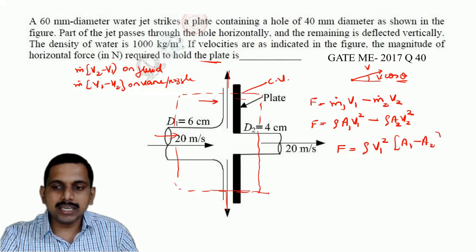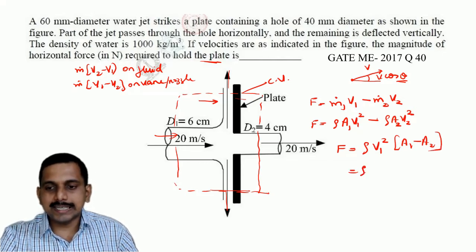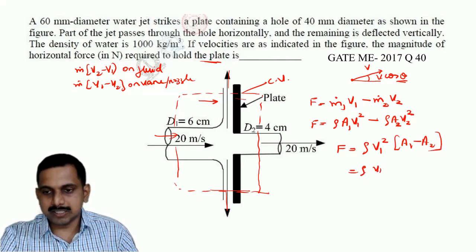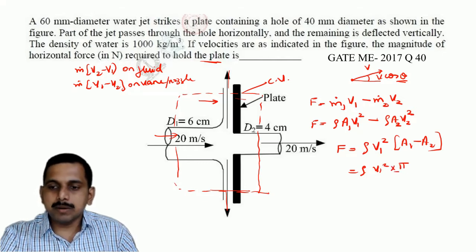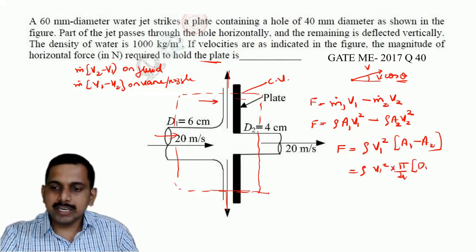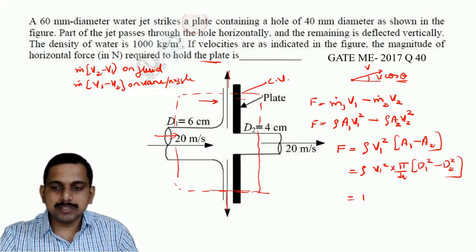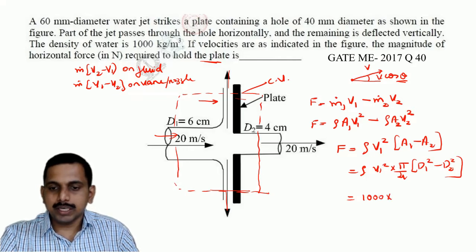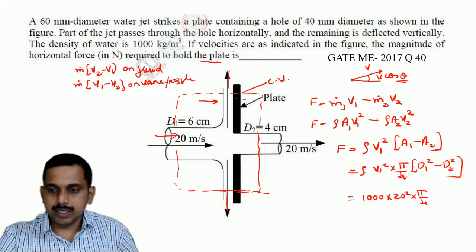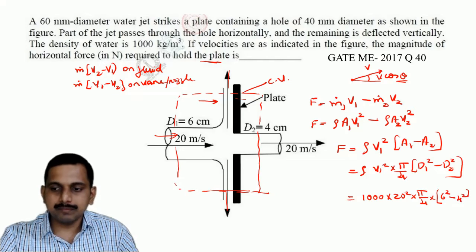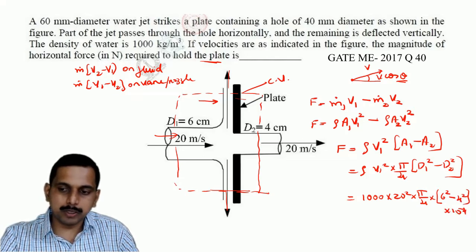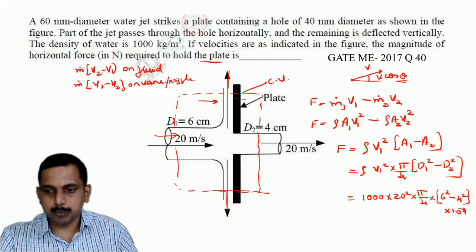Inside what remains is a1 minus a2. Now this would be density v1 square into pi by 4 into (d1 square minus d2 square). When we do this, this comes as 1000 into 20 square into pi by 4, into (6 square minus 4 square) into 10 power minus 4, because the diameters are in centimeters.